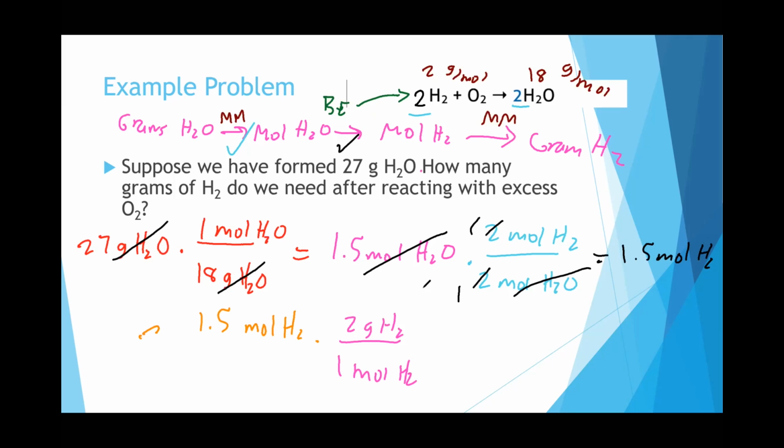And if I didn't give you the molar mass, I'll give you a periodic table so you can easily find the molar mass. And then you can cancel out the moles, and we're left with 3 grams of H2. So that's our final answer. I'm sorry this answer key was wrong because I didn't have the 2 out here, but the answer should actually be 3 grams of H2.